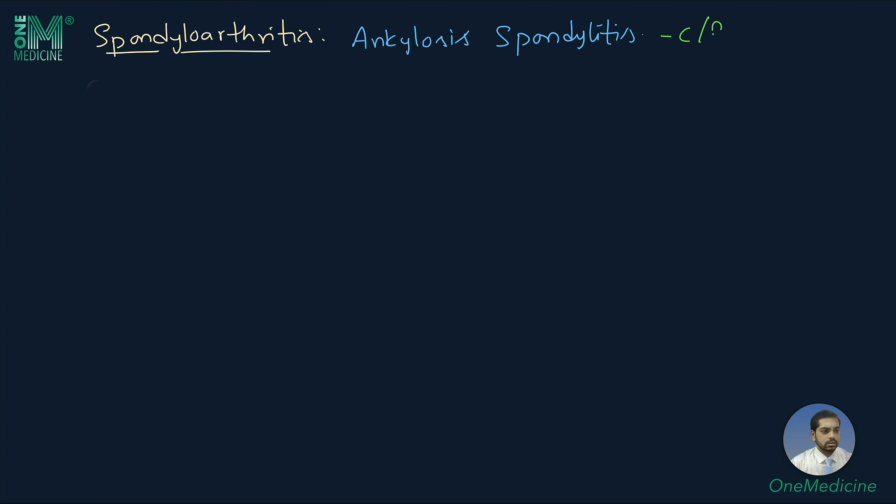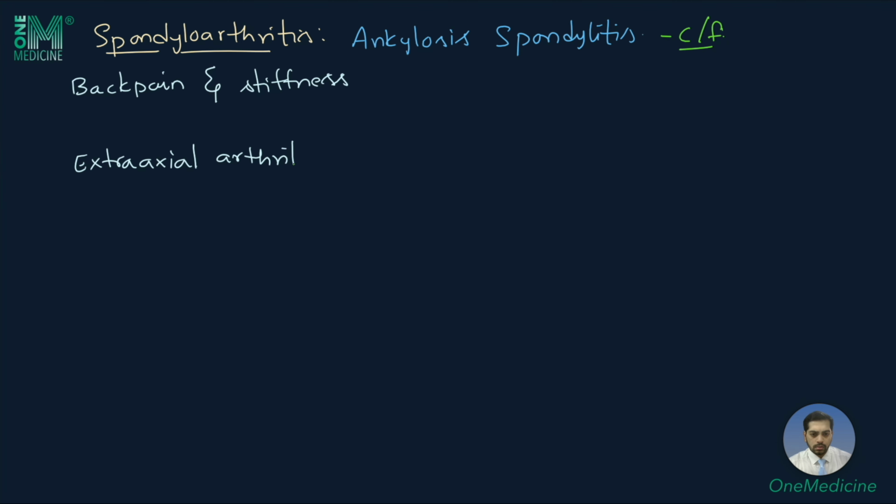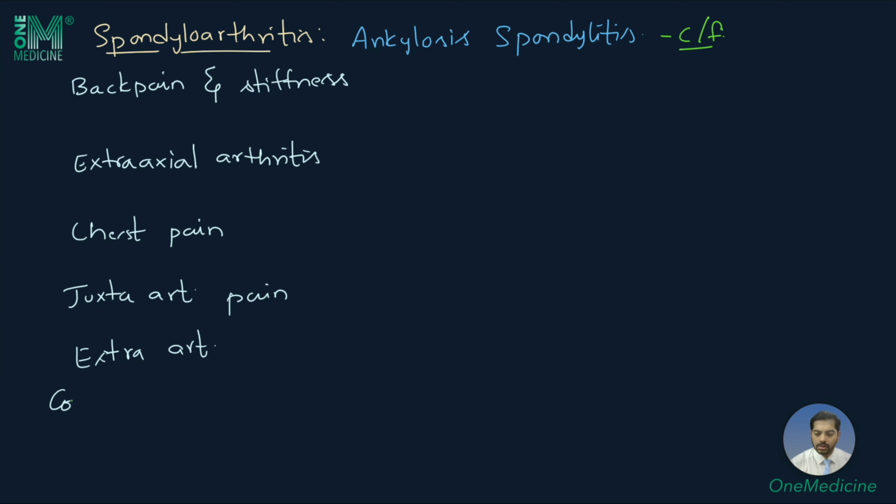The clinical features of ankylosing spondylitis include back pain and stiffness, extra-axial arthritis, chest pain, juxta-articular pain, extra-articular findings, constitutional symptoms, and neurologic manifestations.